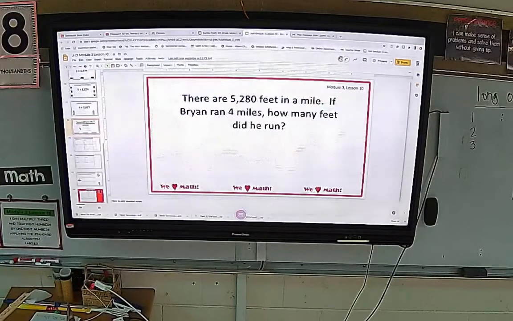They're not talking about the feet that you actually have at the end of your legs, because everybody's feet are different sizes. But a foot that we measure with is 12 inches, and it's as long as one of these squares on the floor. Okay? There are 5,280 of those in 1 mile.